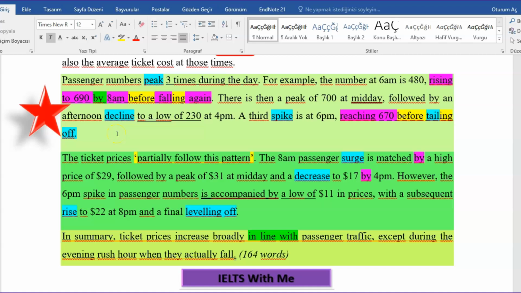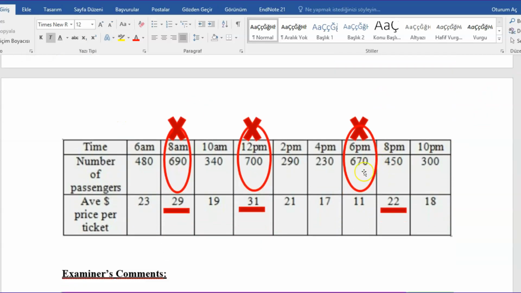In our main body paragraph 1, we talked about this axis.